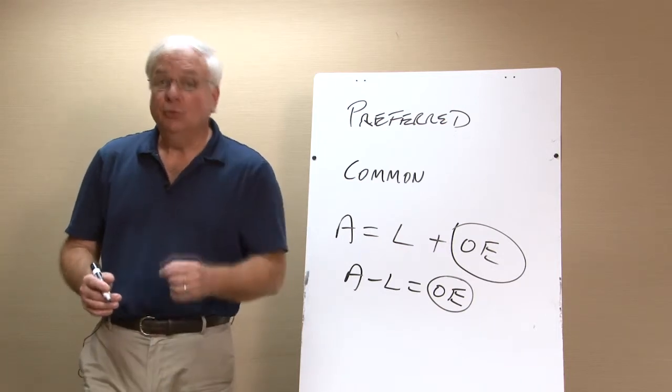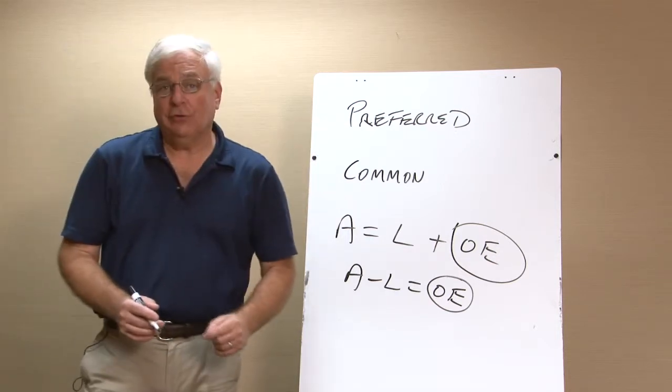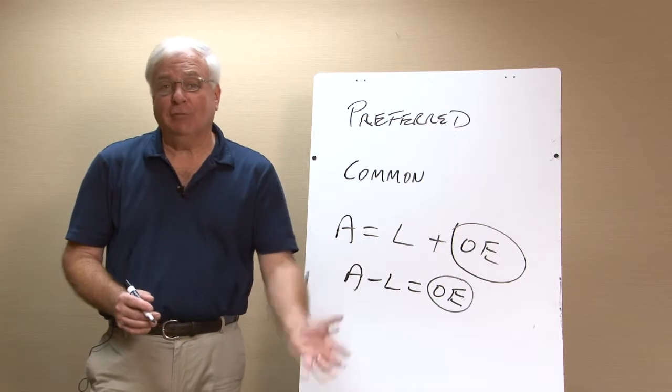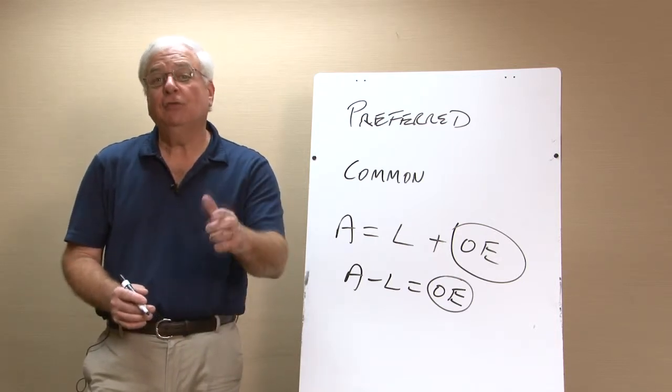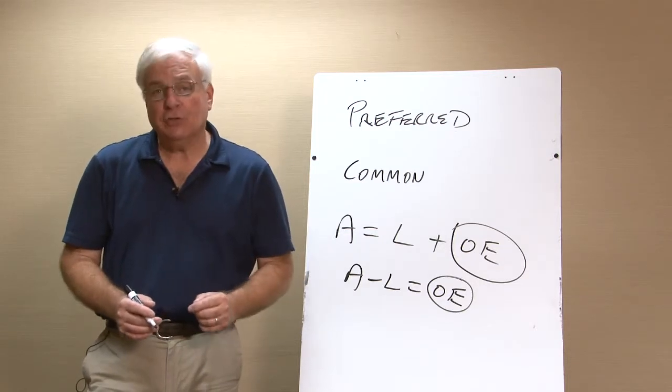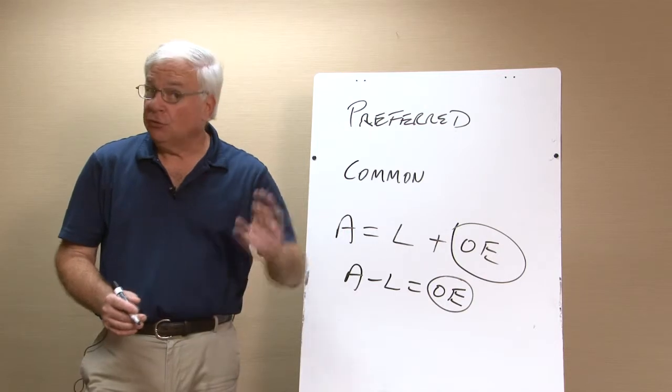Now, there are actually two types of stock available. What are called preferred shares, not every company has. They have to get the board of directors to approve having that class of stock. But if they do, it means that the preferred shareholders get their dividend before the common does. Still not guaranteed.